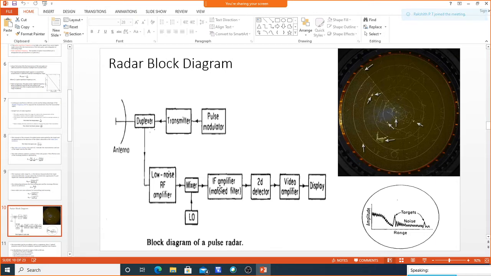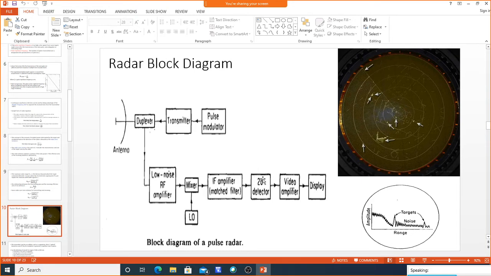So wherever you design the band pass filter, the matched filter's magnitude spectrum should be equal to the IF amplifier's magnitude spectrum, and the phase will be opposite. That is, whenever you have the phase spectrum of this IF amplifier minus that of this matched filter response, then you will get the phase information. Once you extract that phase and magnitude information, it will be sent to the detector.